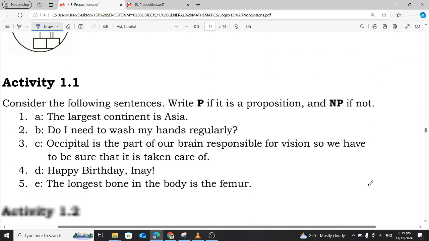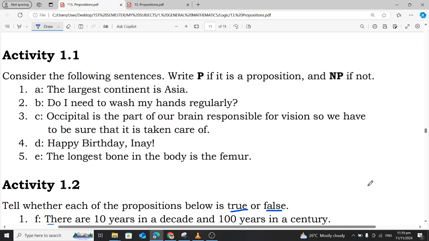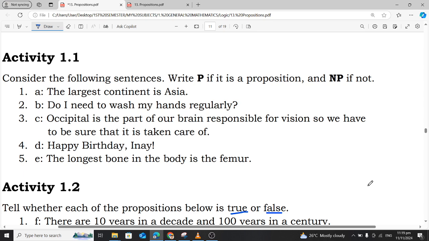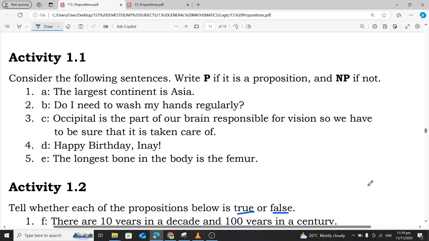Now, we have here activities 1.1 and 1.2. For 1.1, class, consider the following sentences. You write P if it is a proposition and NP if not. Follow the instruction. You write NP if not, not just N. Now, again, what is a proposition?